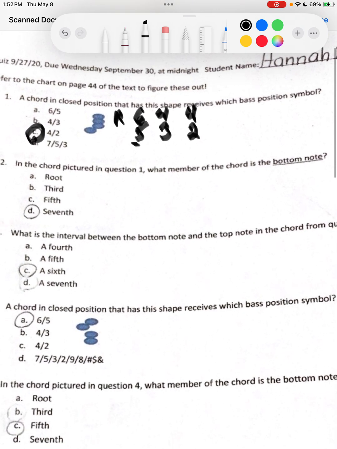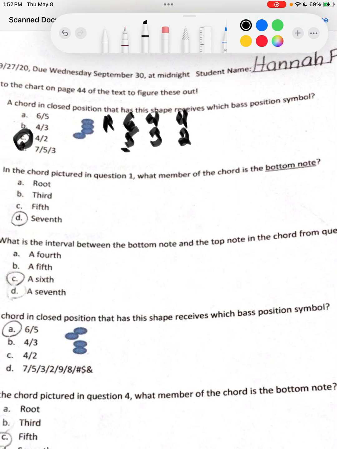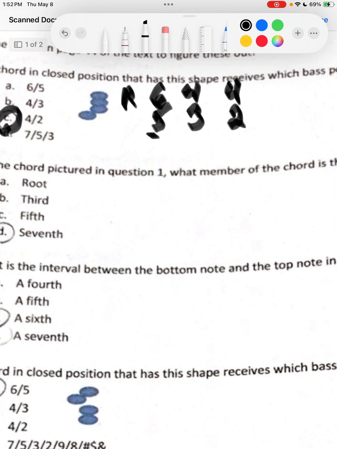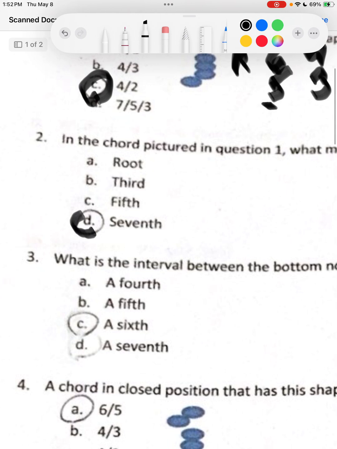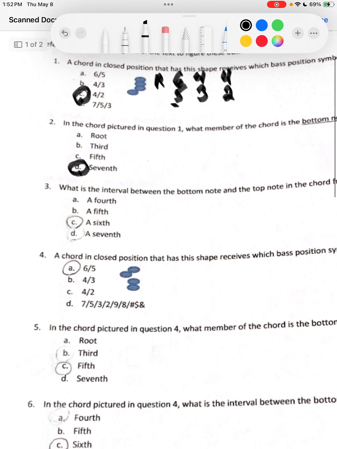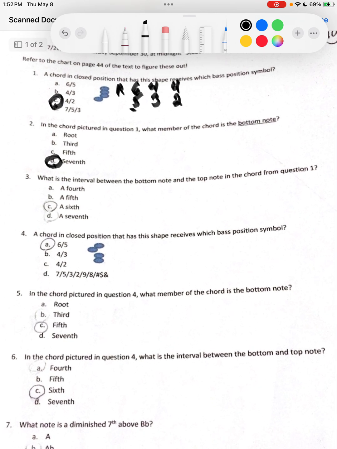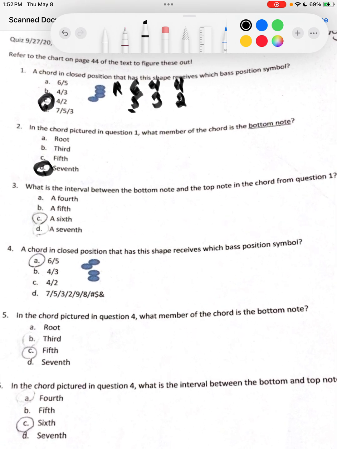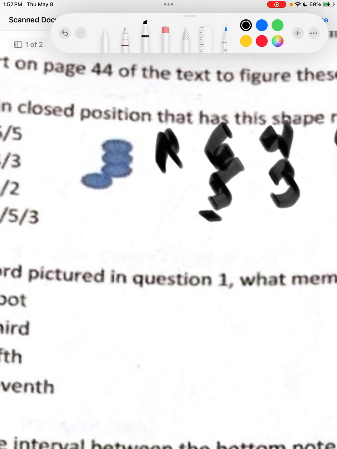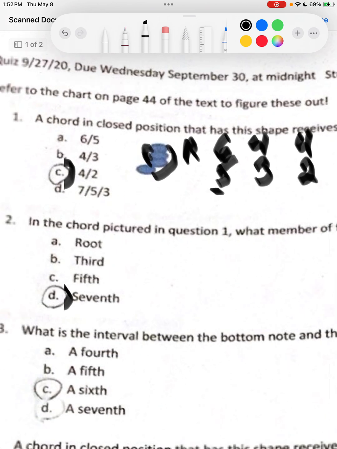In the chord picture in question 1, what member of the chord is the bottom note? I had that right. 7th. What is the interval between the bottom note and the top note in the chord from question 1? Okay, so these two are third, these two are third. That looks more like whatever that shape is.